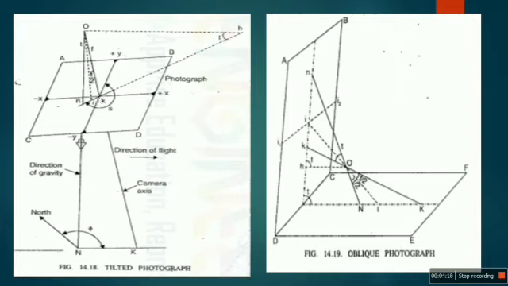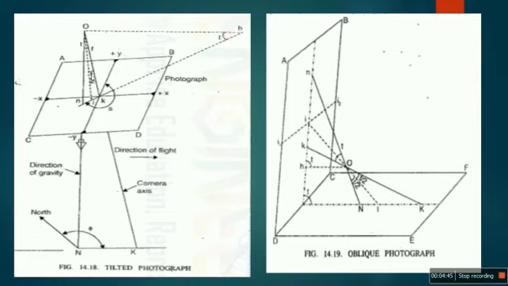Last definition, isocenter. Isocenter is the point at which the bisector of the angle of tilt meets the plane of the photograph. So just observe this diagram. This is our tilt, from this vertical line to this camera axis.